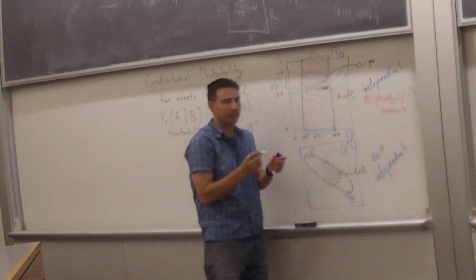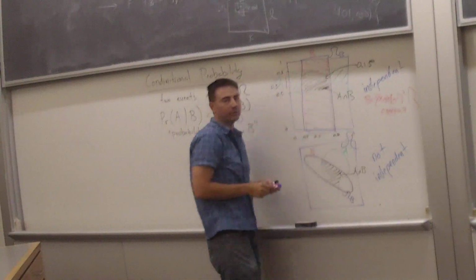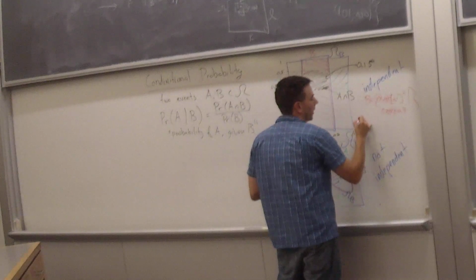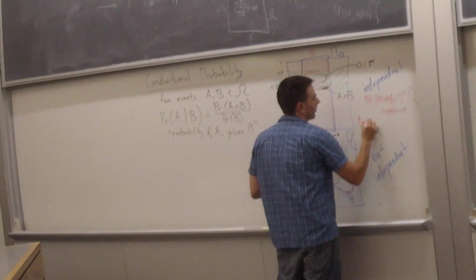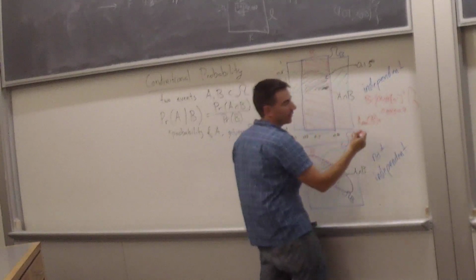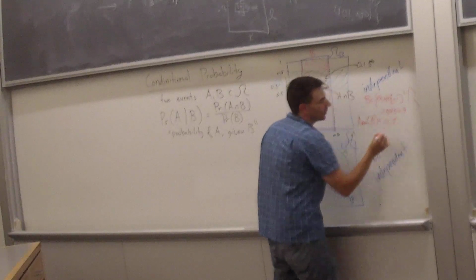I can define this set. This is a set of x and y values, which describes the region here, and I can integrate to get the area of B. I'll skip the simple calculus; it is going to be 0.5.